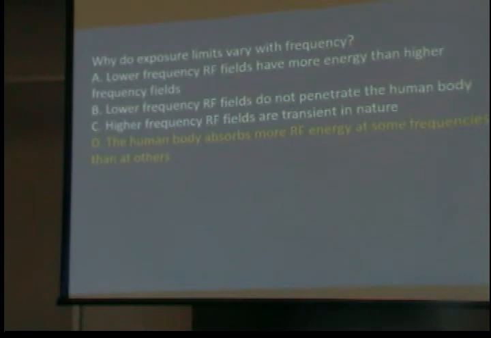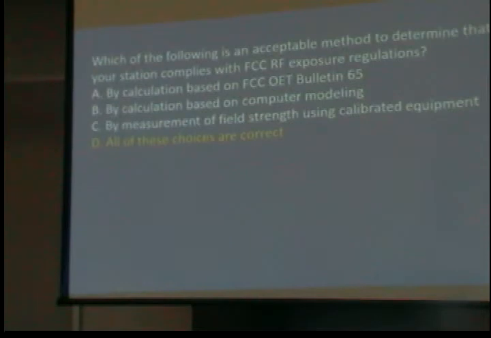Why do exposure limits vary with frequency? Because the human body absorbs more RF at some frequencies than others. Again, 50 megahertz is the worst. Which of the following is an acceptable method to determine that your station complies with the FCC RF exposure regulations?